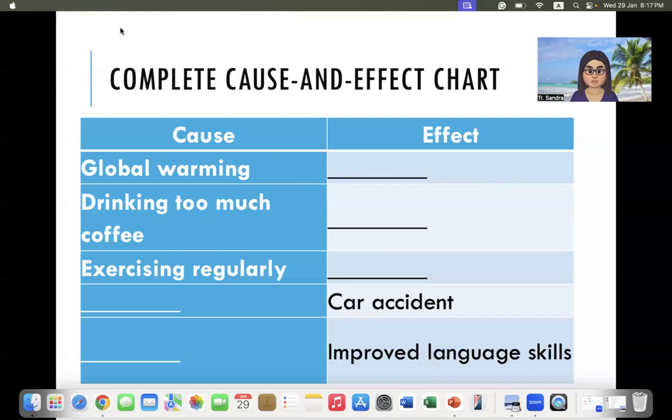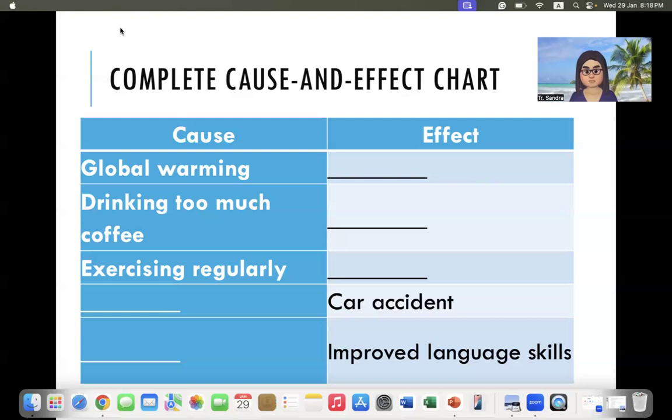So what about Cherizo and Kanjolin? How about your idea too? Yes, teacher, we have already shared our idea: the cause of improved language skills is consistency and motivation. Yeah, consistency and motivation, right? Okay, I see.